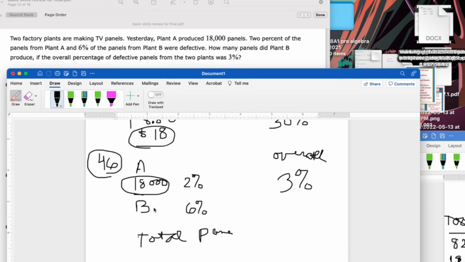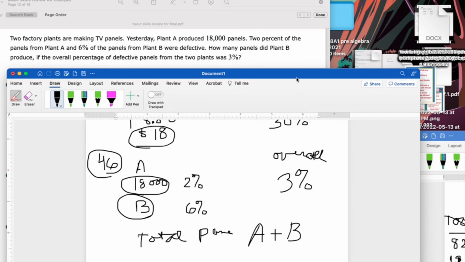We know that B produced some and 6% of them were defective. The total number of panels would be how many A and B made together. So how many panels did B produce? This is the answer we're looking for, if the overall percentage of defective panels from the 2 plants was 3%.